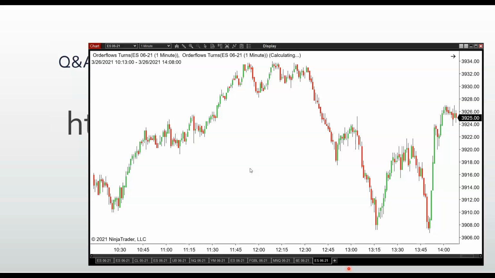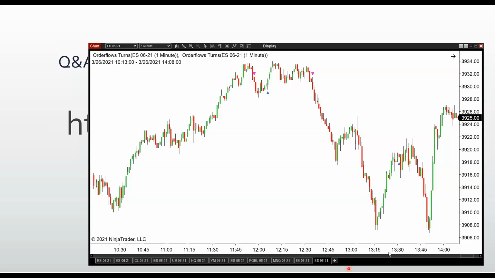If you're putting the indicator on a market that's more volatile, then it's going to take into account the extra volatility of that market that you're trading.